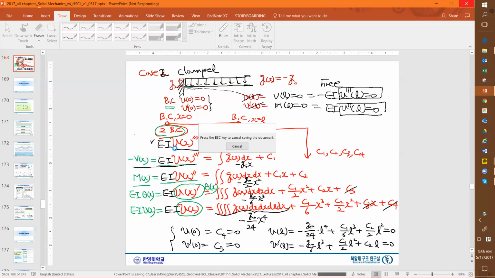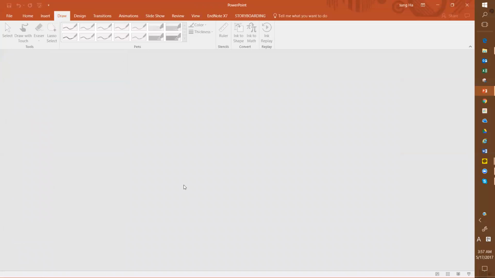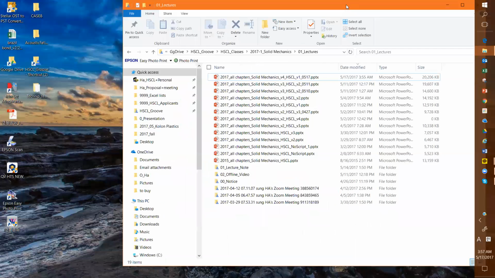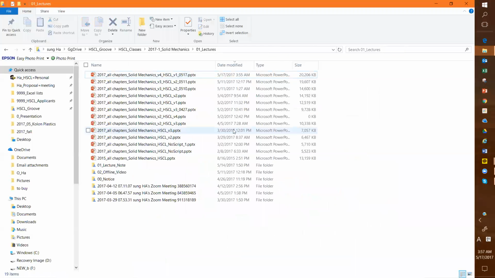When we integrate this, V and V prime and double prime and triple prime all have very important meanings, and so that will be restudied. Let's continue our class tomorrow.